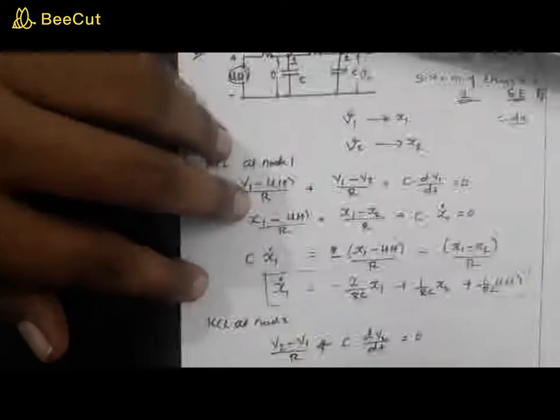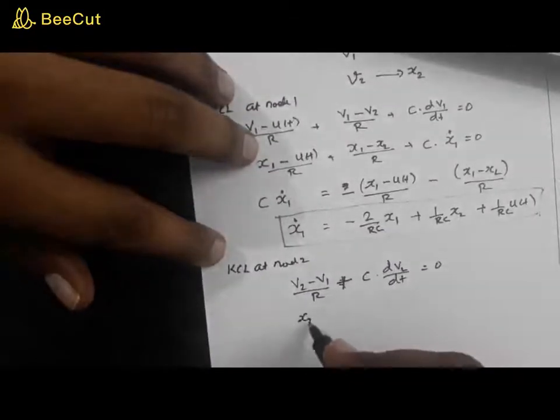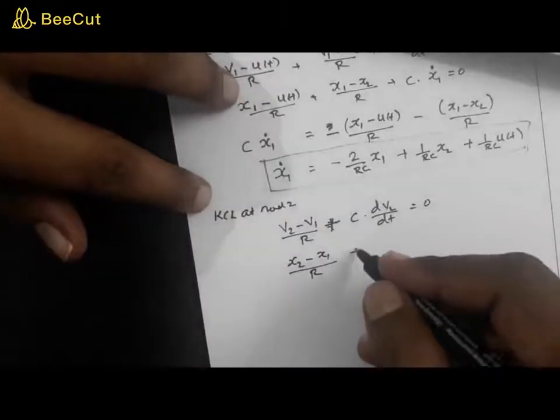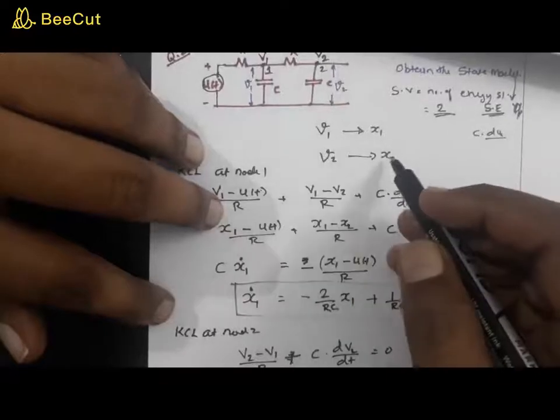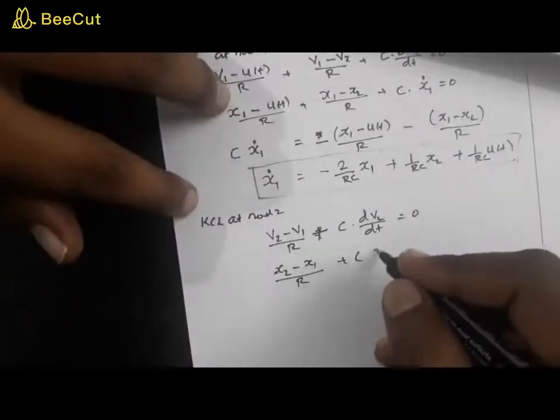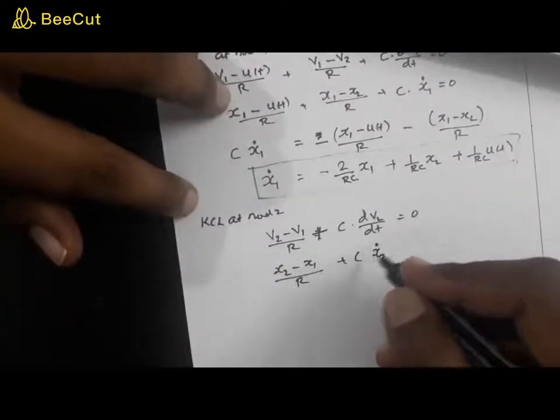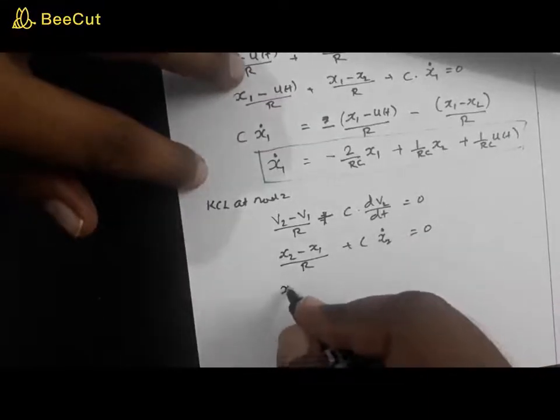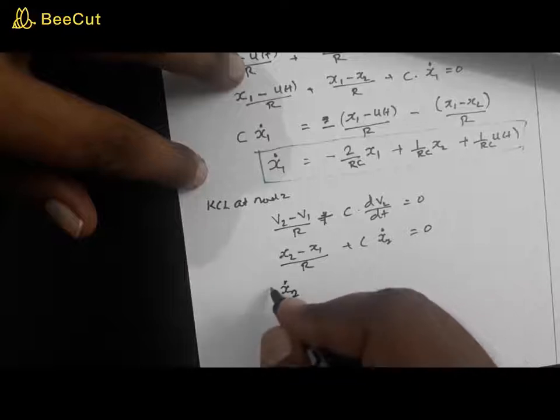Now what is V2? V2 is assigned to be x2. So (x2 minus x1) by R plus C into x2 dot is equal to 0. From this equation you will be able to get C into x2 dot.